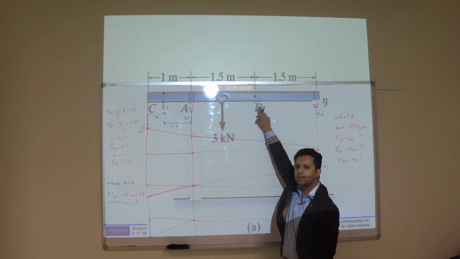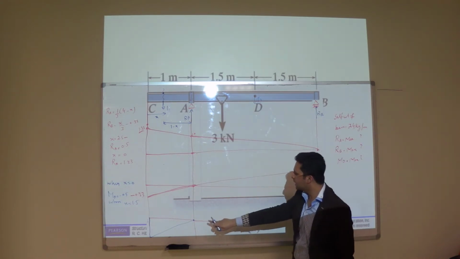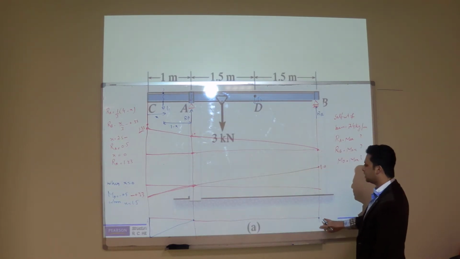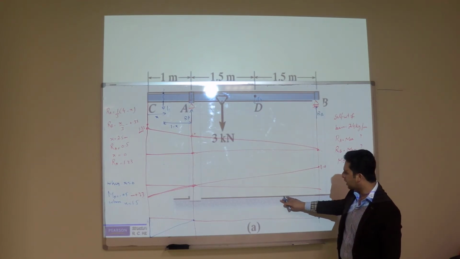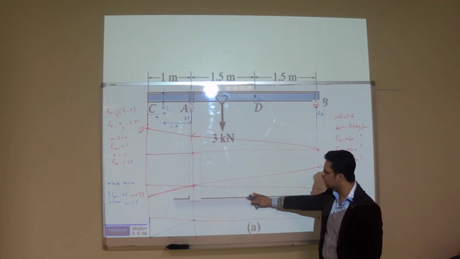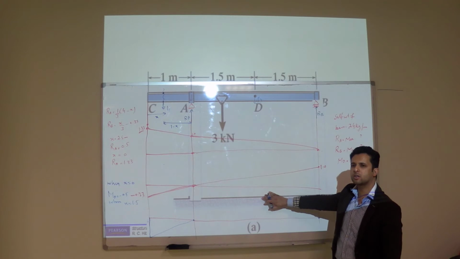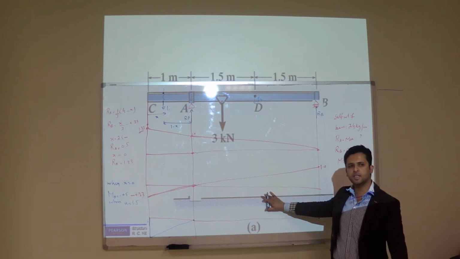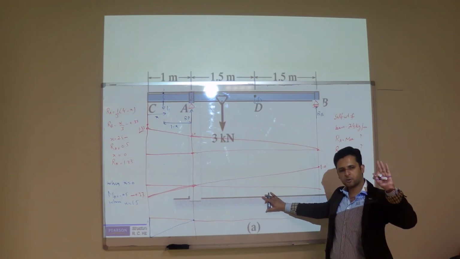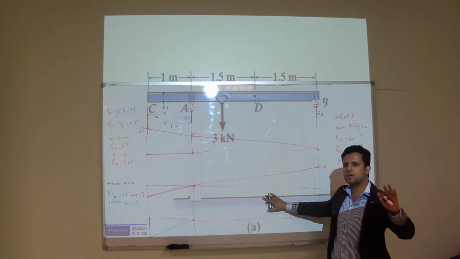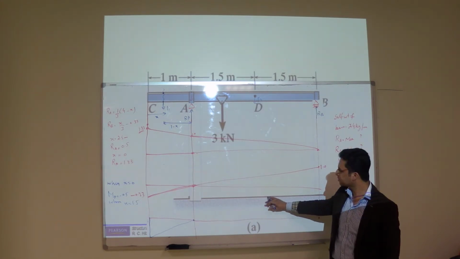We need the influence line value at this point, because the moment here is 0. So in order to find out the moment diagram in between, we should also find out the moment value at this. So in that case, we need at least 4 points. For reactions, we need 3 points. For the moment, we need 4 points.